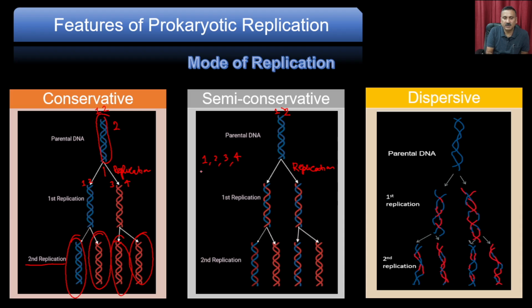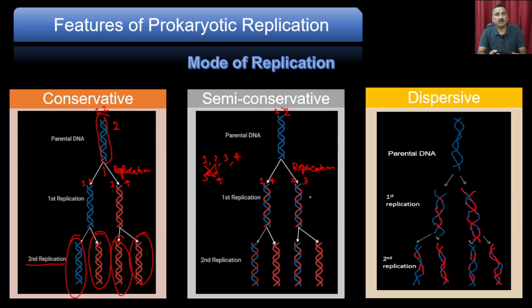So, 1, 2 is the original copy, 3 and 4 is the newly synthesized copy, because from the 1 you are going to have the copy number 3, from the 2 you are going to have the copy number 4. Now, in the semi conservative mode, the 1 is actually going to make a pair with 4 and the 2 is actually going to make a pair with 3. So, this is actually going to be 1 4 and 2 3.